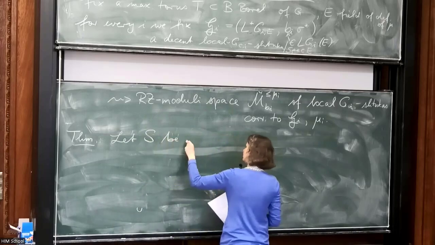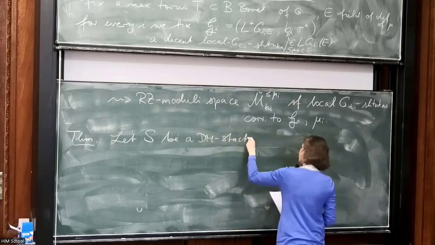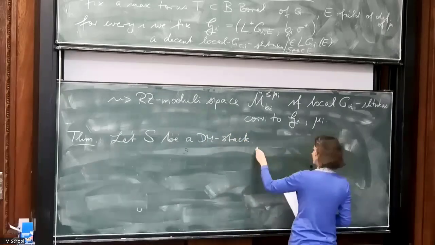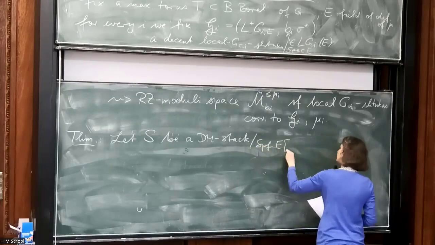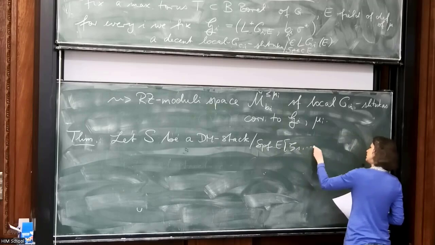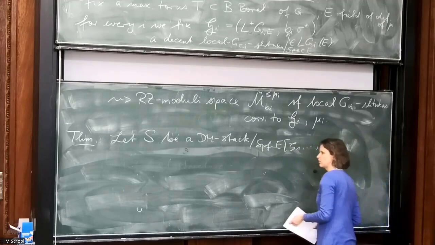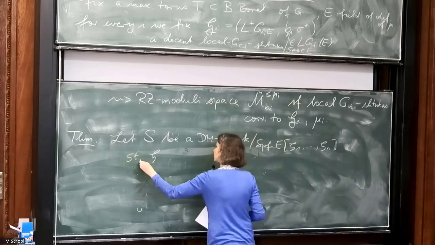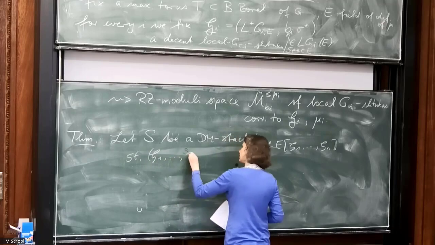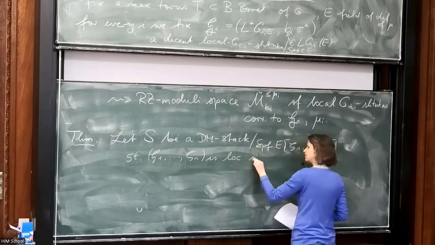So I consider a Deligne-Mumford stack S, as I said, in this general situation that we had before. So it's over the spectrum of E power series in zeta_1 to zeta_n, and I want all the zeta_i to be locally nilpotent, such that zeta_1 to zeta_n is locally nilpotent on S.